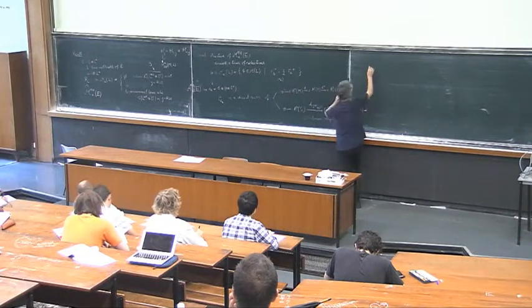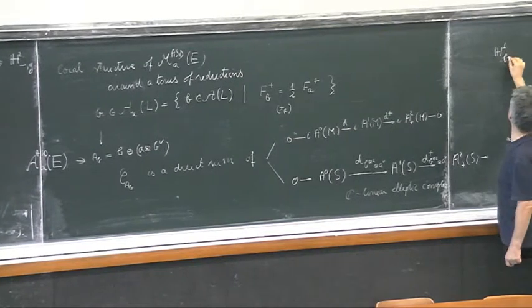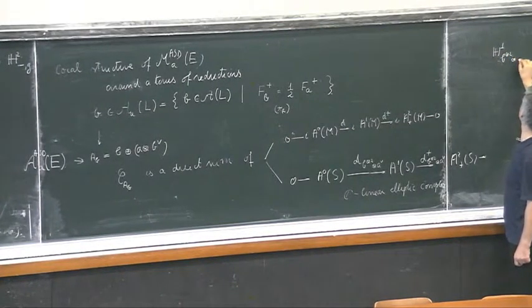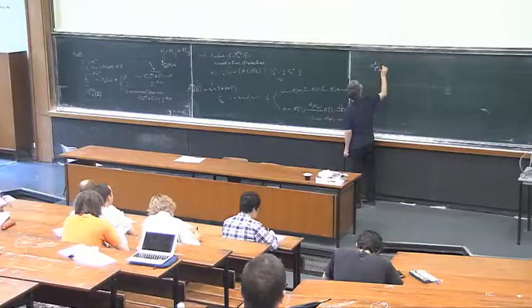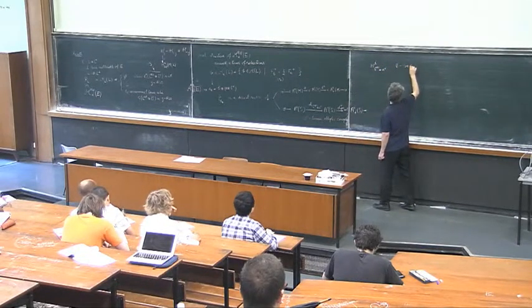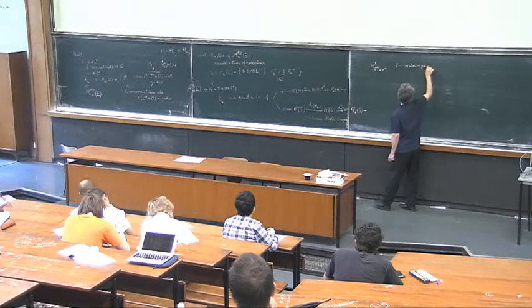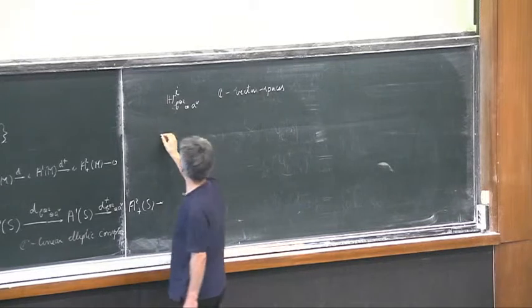In particular, the harmonic spaces H^i of B squared tensor A dual are naturally C vector spaces, finite dimensional, of course. And we can compute the index.